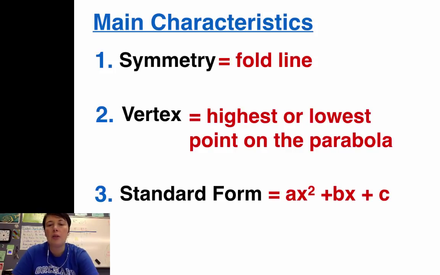There we go. So ax squared plus bx plus c is the standard form. The a, the b, the c are actually numbers. They're not actually variables. So it could be things like 3x squared plus 5x minus 10, or 2x squared plus 7x plus 4. A, B, C are just numbers, but that's the standard form of a quadratic, and every time you graph it, you get a parabola graph.